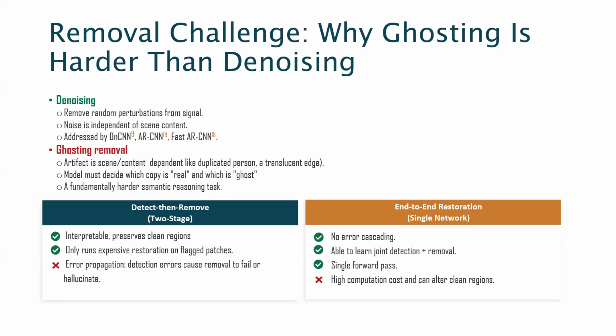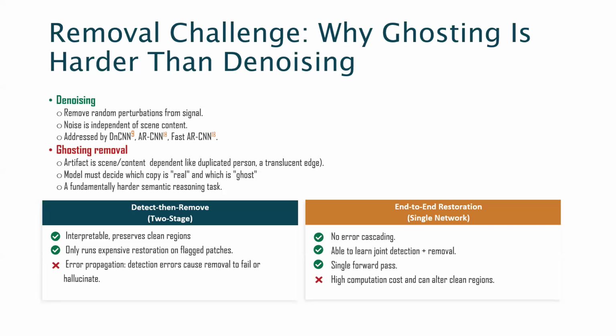Secondly, noise is independent from the scene content. It happens due to some sort of camera blur or that sort of thing. While a ghosting artifact is content dependent. It happens due to the picture that you are taking, the content that you are collecting. That's why it can generate translucent edges or blurry things or some sort of ghost or artifacts, lines and that sort of thing.